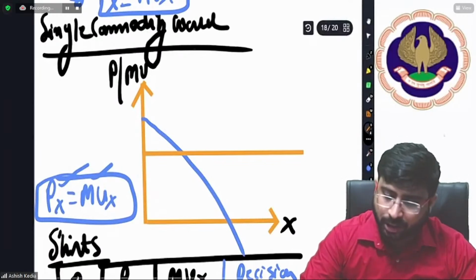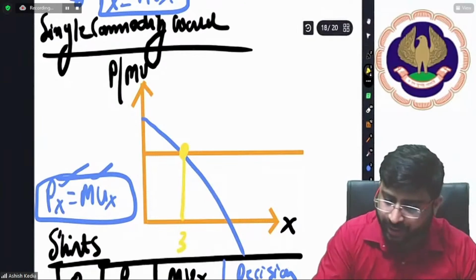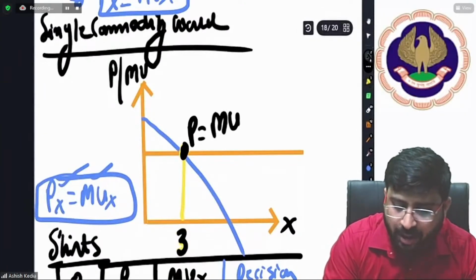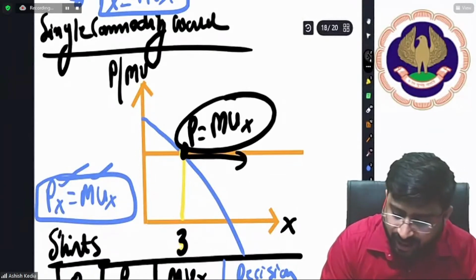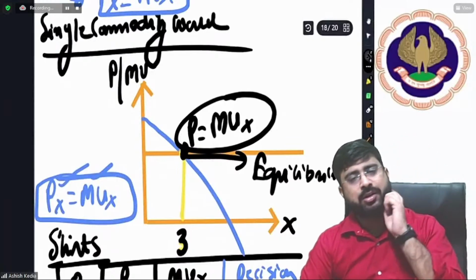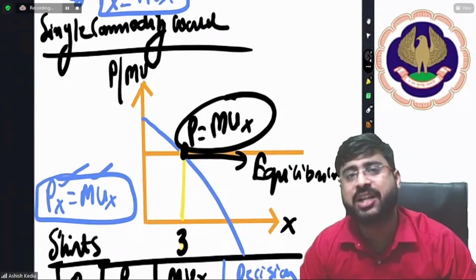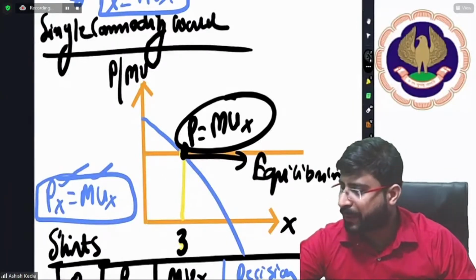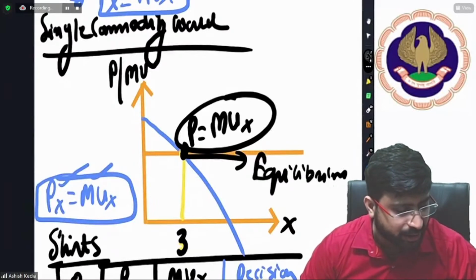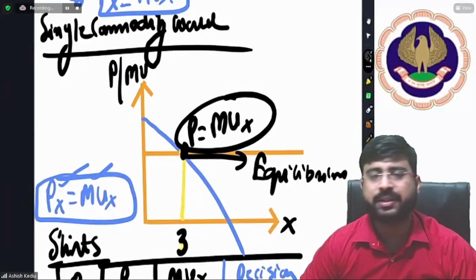As you can see here, let this be 3 units. At this level, price is equal to marginal utility. So this point in economics is called the equilibrium point in single commodity world, where price of the commodity becomes equal to marginal utility derived from that commodity.